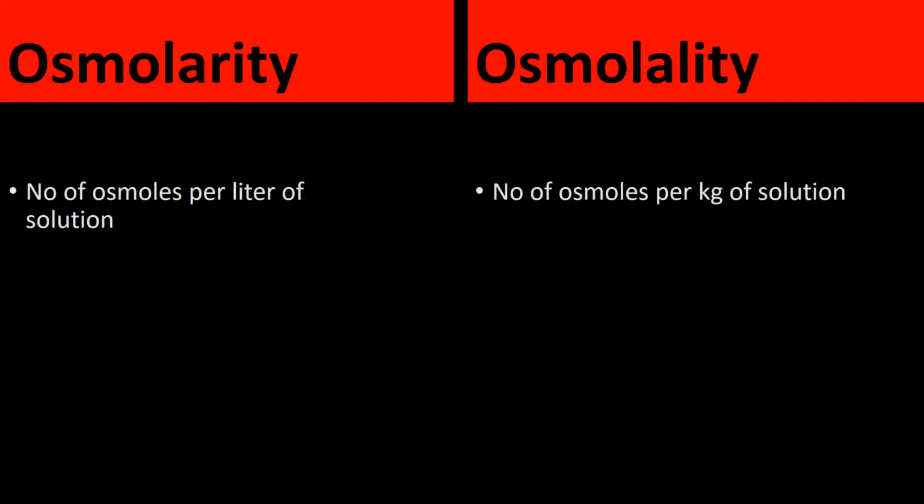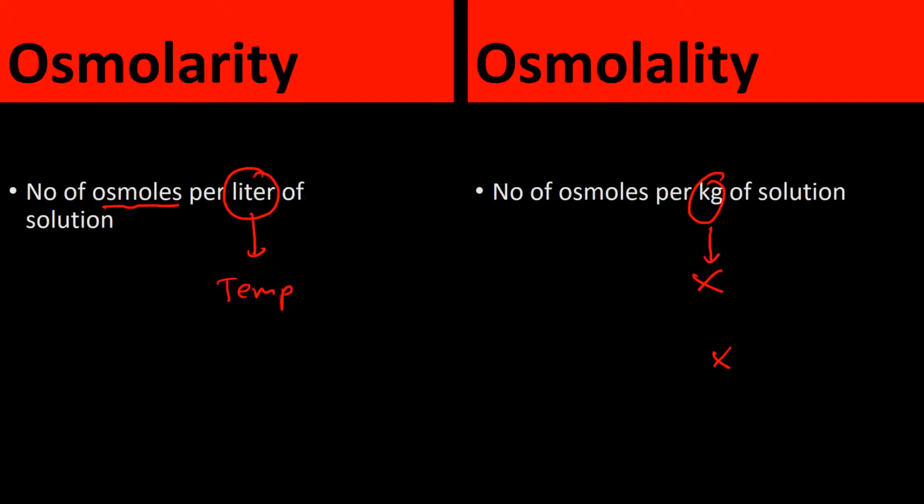The only thing that differs here is that the number of osmoles per liter of solution is called osmolarity. The number of osmoles per kg of solution is called osmolality. The kg will not change with the temperature, and this will not be altered by the presence of other solutes, whereas the liter will alter with the temperature.